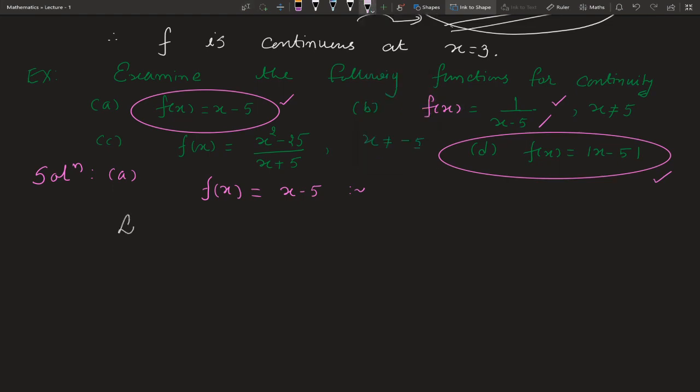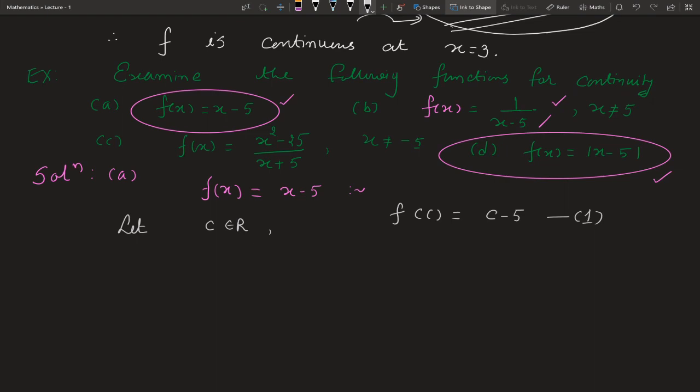Let C belong to R be an arbitrary point. So C is any arbitrary real number. f of C, from the definition, is C minus 5, say result number 1.